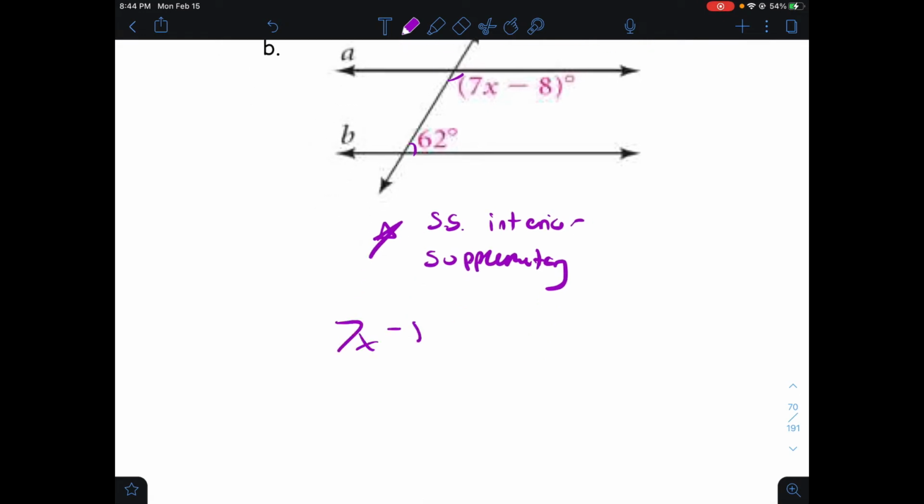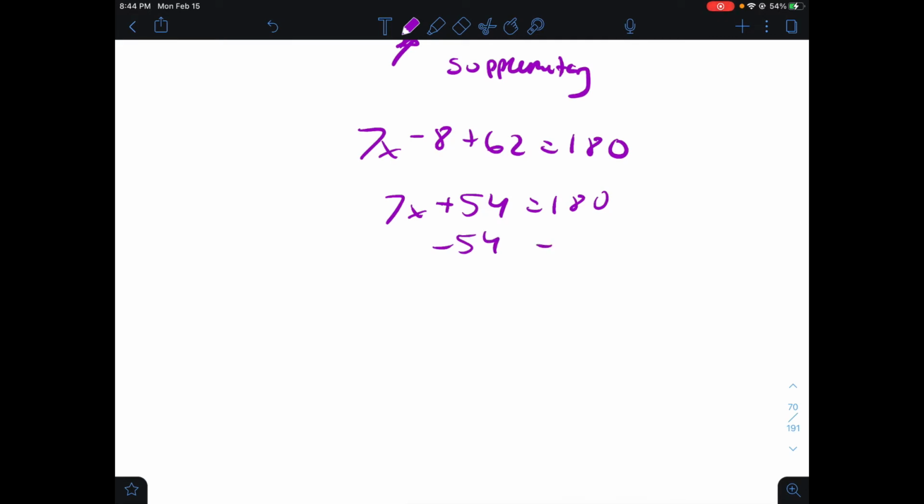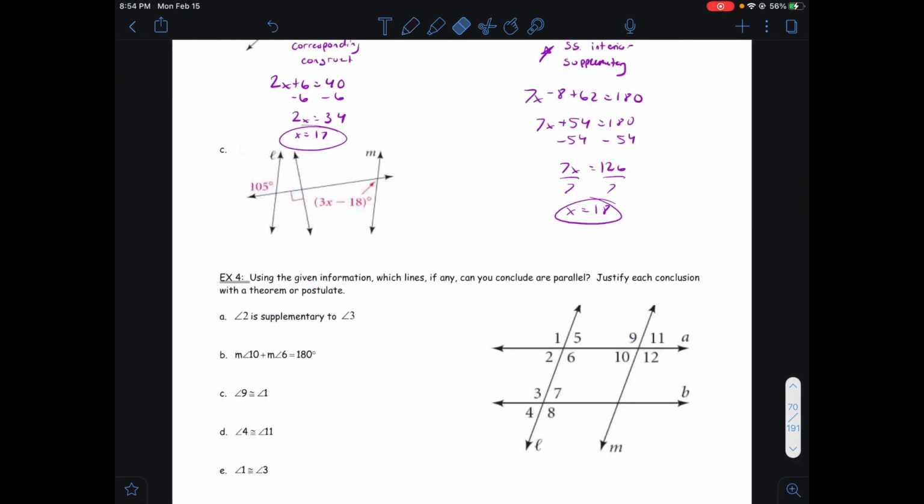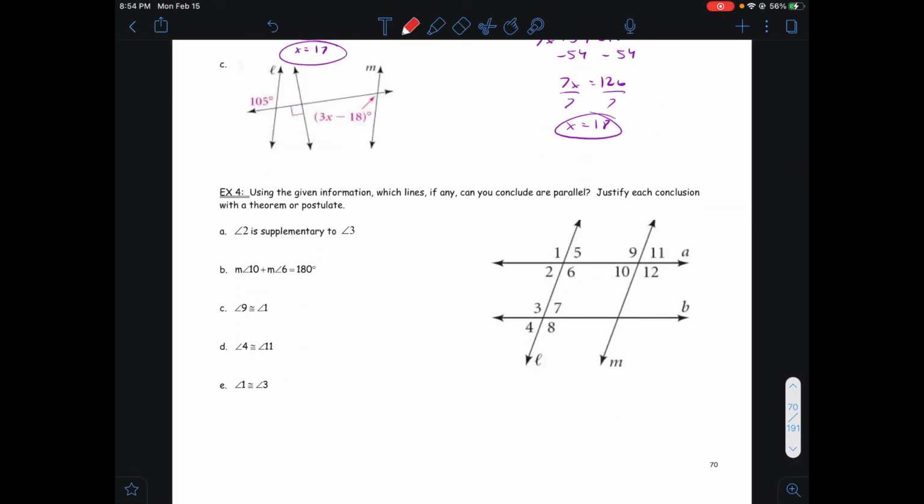So we'll say 7x minus 8 plus 62 equals 180. 62 minus 8 is going to give us a nice 54. Subtract the 54. We get 7x equals, let's see, 180 minus 54. It's going to give us 126. Divide that by 7, and you get x equals 18. All right, so we'll skip C. Don't worry about that.